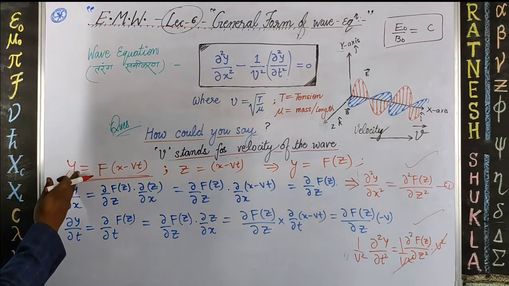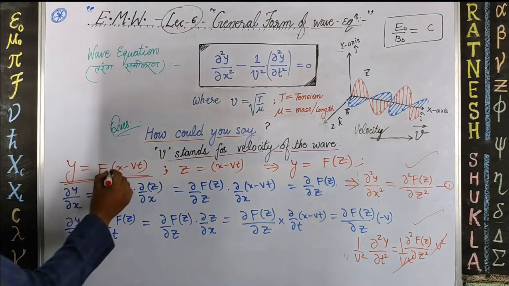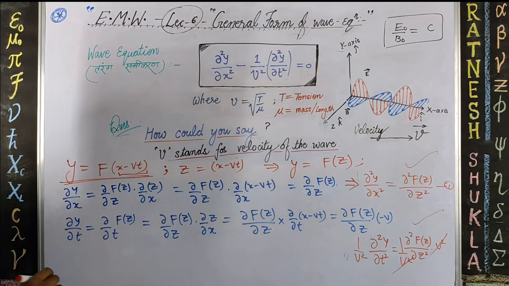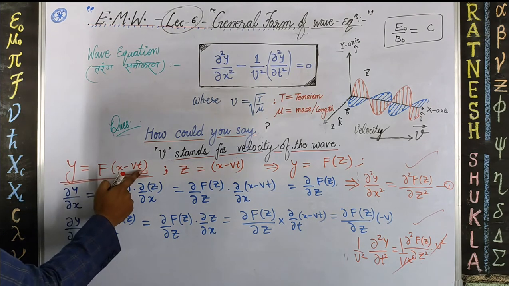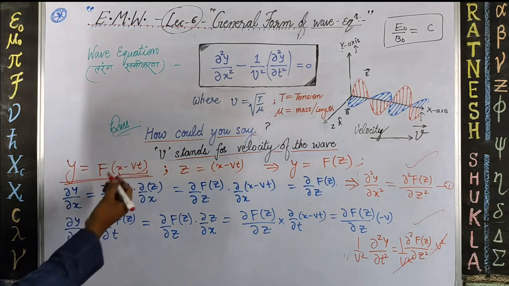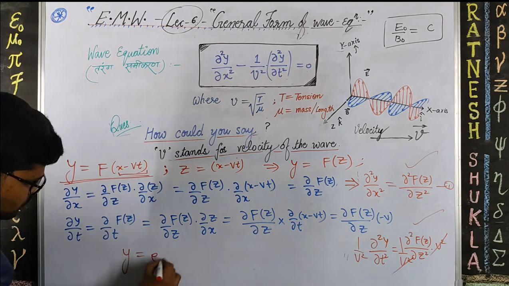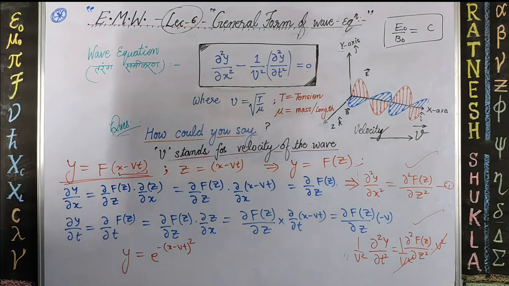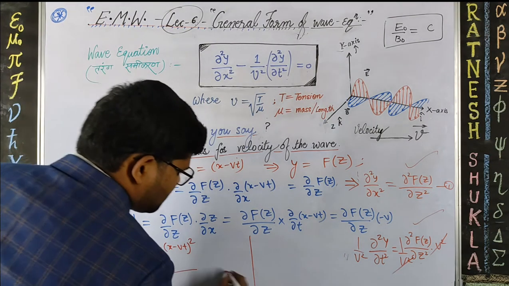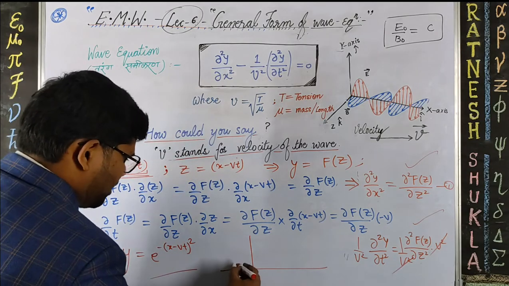So y can be any function only through this combination x minus vt. y can depend on x and can depend on t, but through this combination. Suppose you take y equals e to the power minus (x minus vt) square, and if you plot this, you will get a wave of this type.